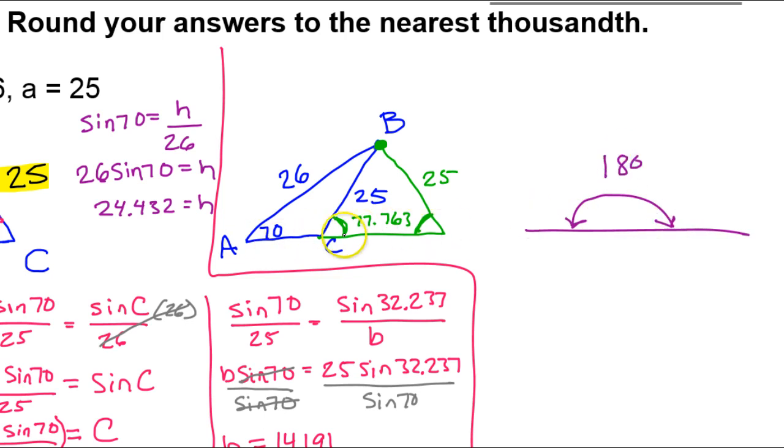We have a straight line. So if you take a straight angle and you split it like this, these two angles are going to be supplementary. They're going to add up to 180. So if one of those angles is 77.763, how could you find the other angle? Well, you subtract from 180. That'll give you the other angle.